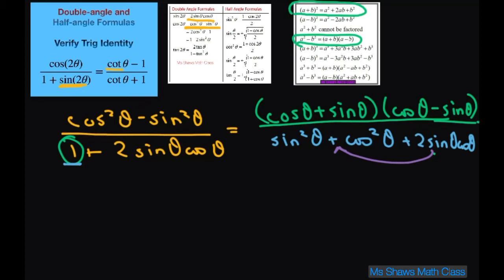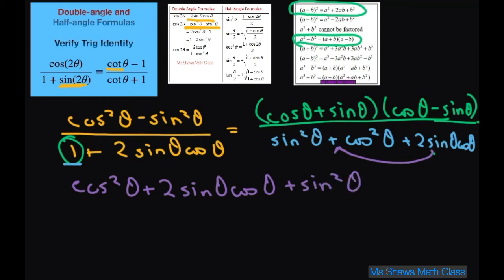I want to put cosine first, so I'm just going to write it. For this I have cosine squared theta plus 2 sine theta cosine theta plus sine squared theta. That's going to equal cosine of theta plus sine of theta squared.